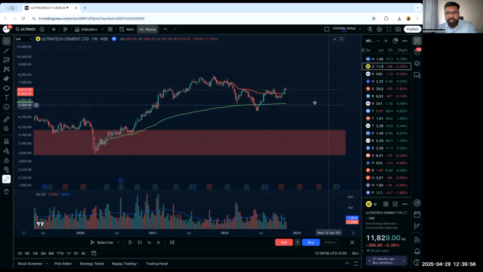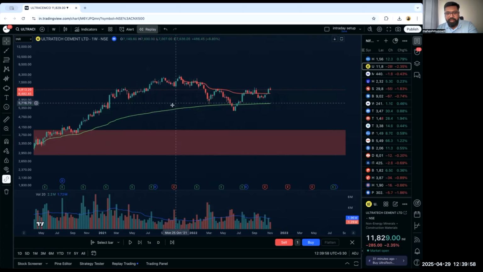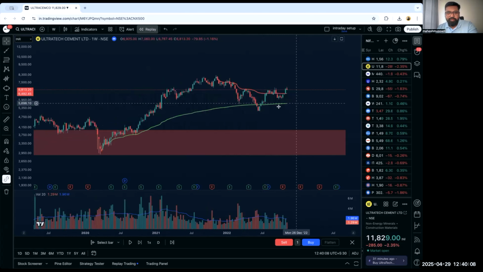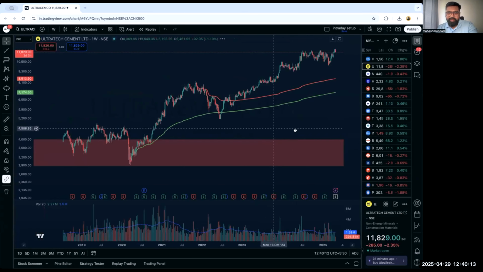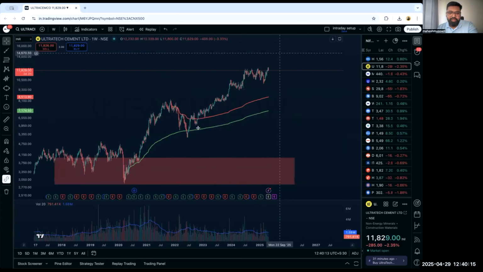It automatically gave the triangle pattern, very much dynamic with respect to the current price which is moving and giving a strong level. So you can see that price broke out with this level, and after the breakout, you can see how price has moved.